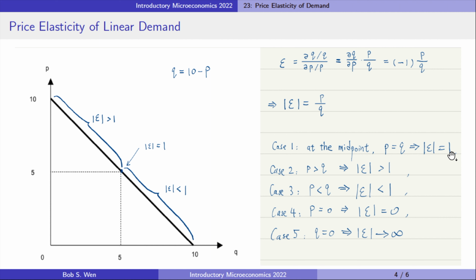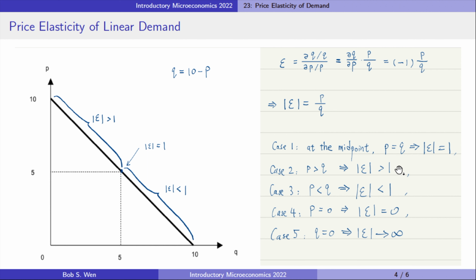At prices higher than at the midpoint of the demand curve, the price is greater than the quantity, so the elasticity is greater than 1. In this range, a 1% increase in price causes more than a 1% fall in quantity.